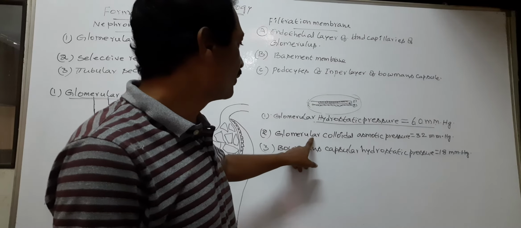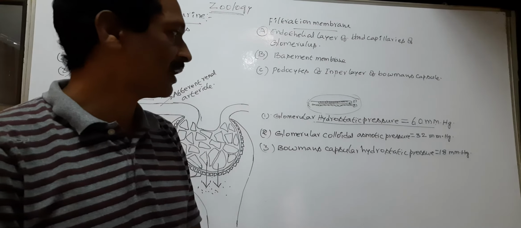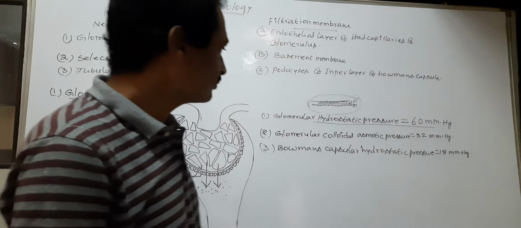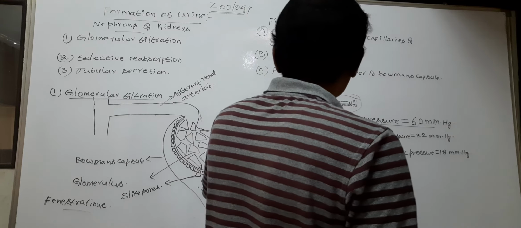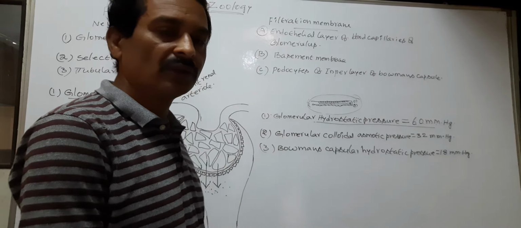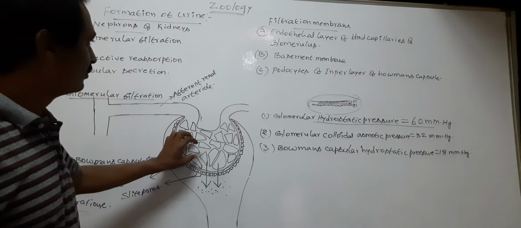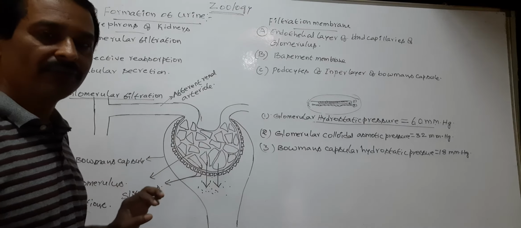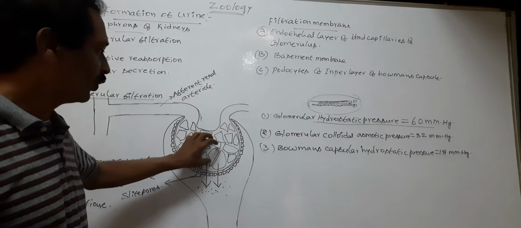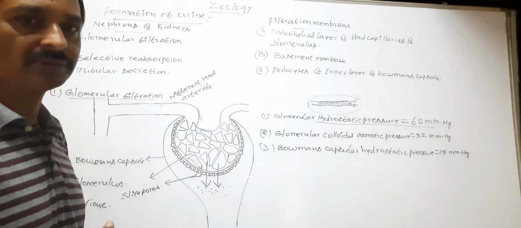So the glomerular colloidal osmotic pressure and Bowman's capsular hydrostatic pressure try to prevent the glomerular filtration, or blood filtration from glomerulus into Bowman's capsule.